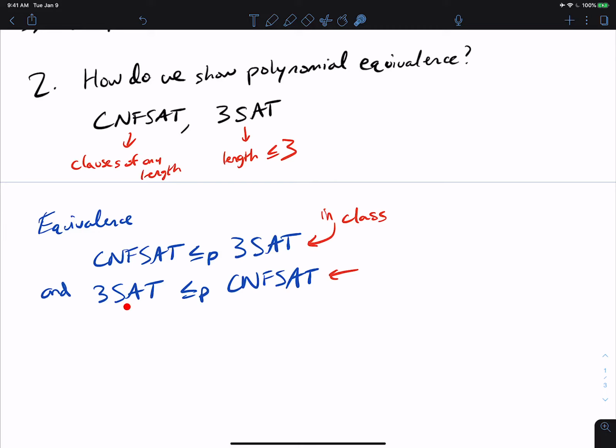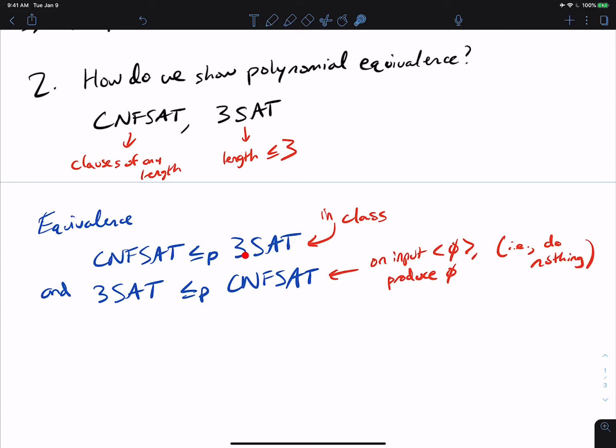Well, what we can do is just provide the formula to the CNF-SAT one. We don't have to do anything different. So on input of formula phi, just produce phi. So in this case, this just means do nothing to the formula.